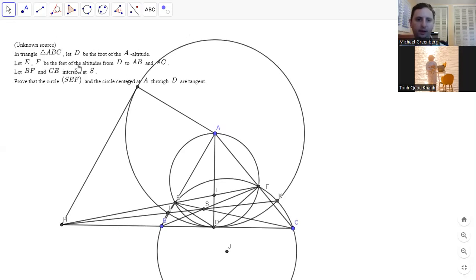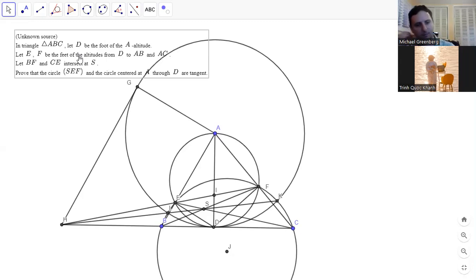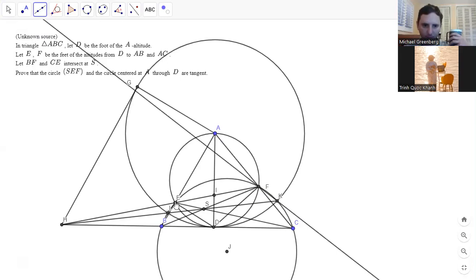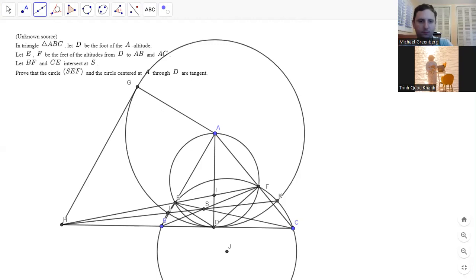And then once we know that, we would know that DS and G are collinear. Yeah, basically, we use the radical axis theorem on the 3 circles in the picture.